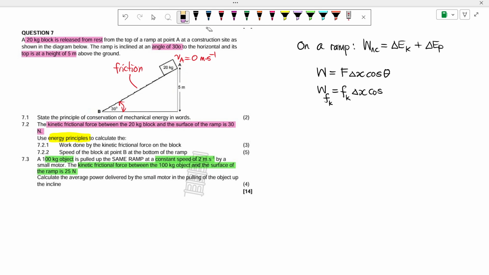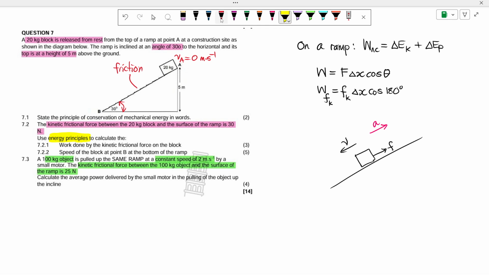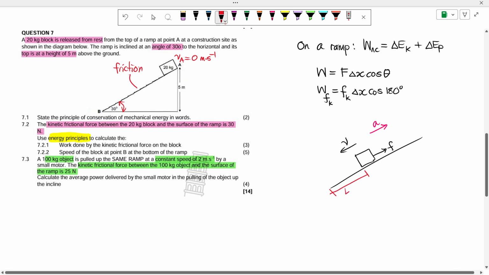The reason is because frictional force always opposes motion. So even if you are on a ramp, look at what I do here. Even if you are on a ramp and you are moving this way, your velocity is going that way, frictional force is going this way, there's no other force there that is applied, so you'll agree that acceleration is pointing in the opposite direction. But the point I'm trying to make is that if you're going down, your change in displacement is going to be facing down.